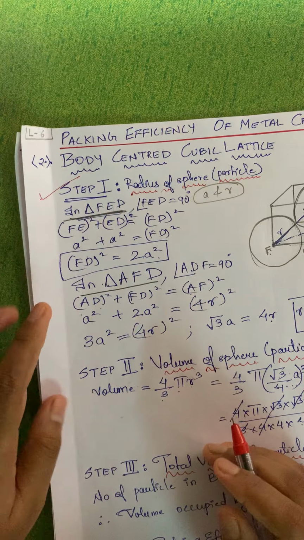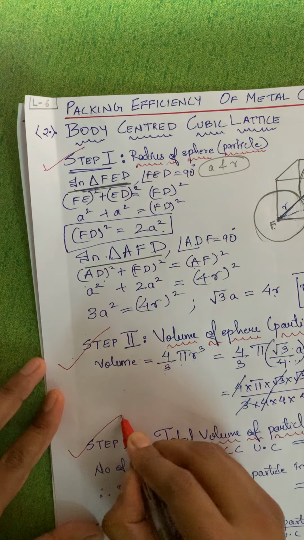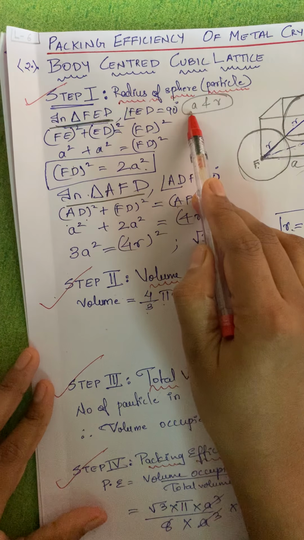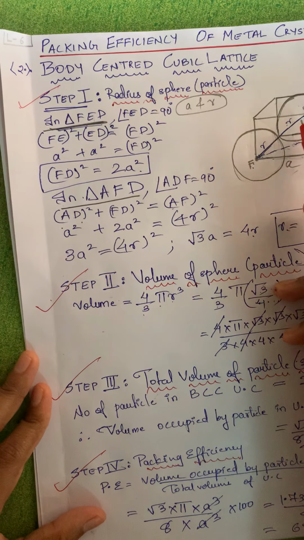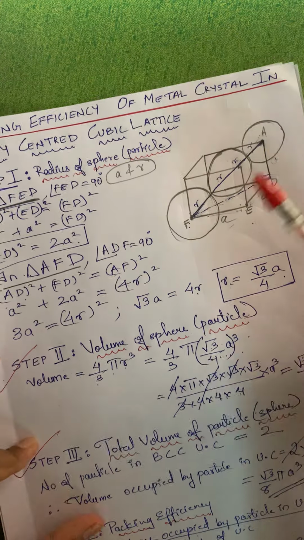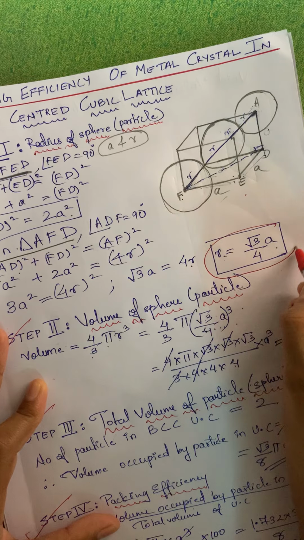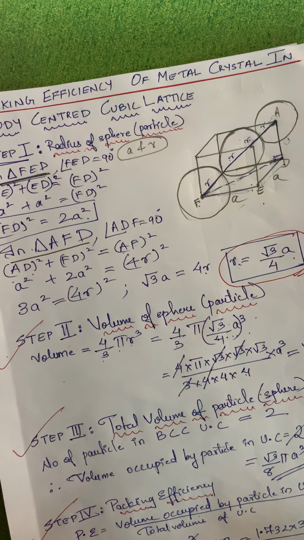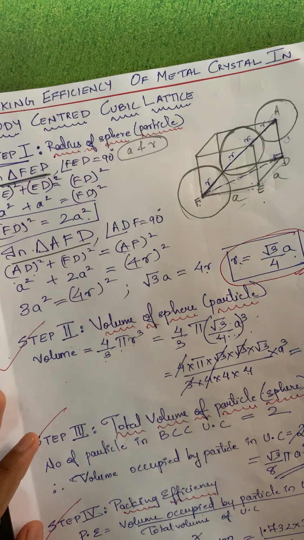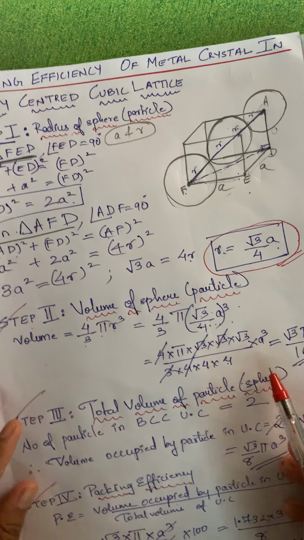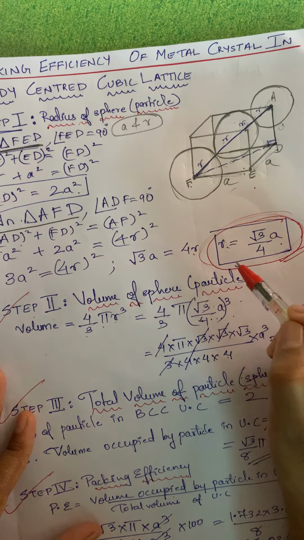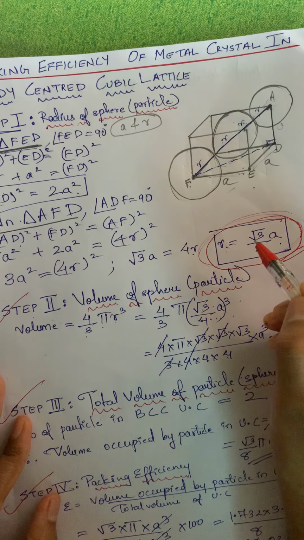Step 1, to find a relation between r and a, you have to consider 2 triangles over here and you will get this relation: r equal to root 3 upon 4 into a. Step 2, you will get this value. You don't have to remember all these things, but this relation is very important, which is used for doing sums.